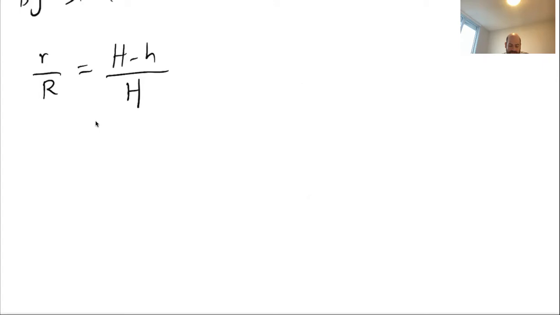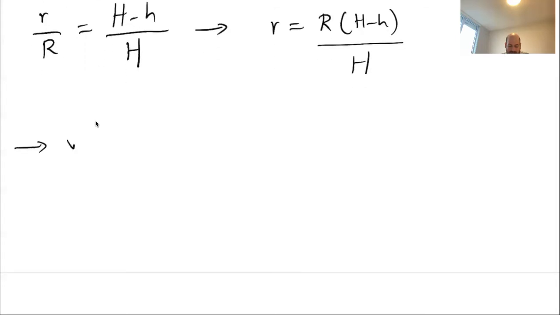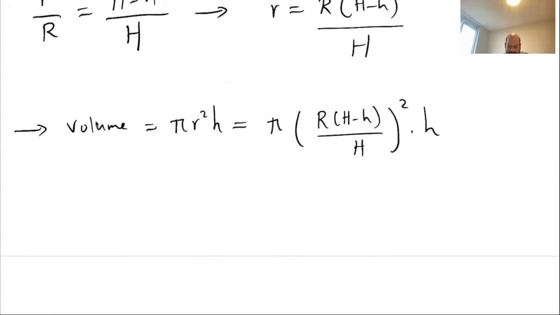So here I can find, let's say, small r. Small r will be capital R times capital H minus small h over capital H. So volume will be pi r squared h. This will be pi times R times (H minus h) over H, squared, times h.